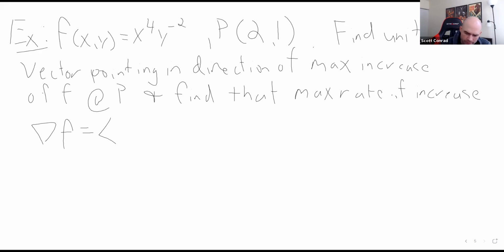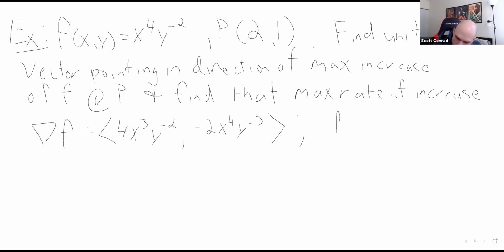So the gradient of f is, the partial of f with respect to x is going to be 4x cubed y to the negative 2. And then the partial of f with respect to y is going to be negative 2 x to the 4 y to the negative 3. So we want the gradient at the point.